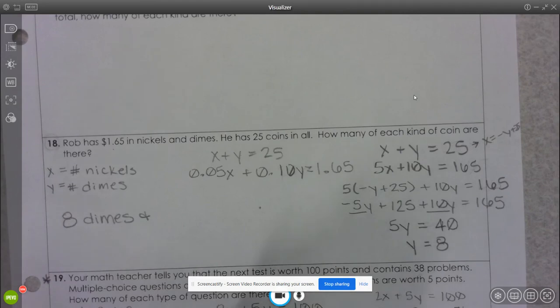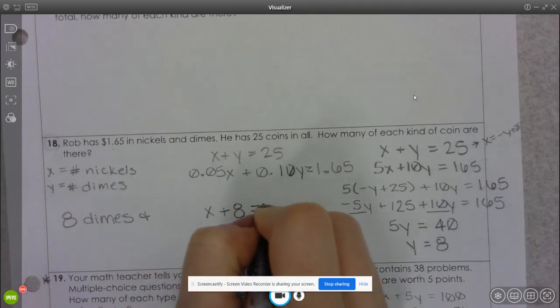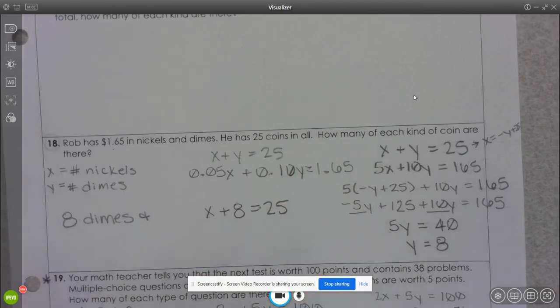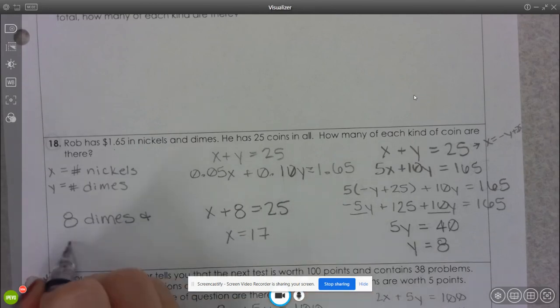Now I just need to figure out how many nickels. And personally, I would use the first equation because it's less work for us to do. So what plus 8 gets me to 25? That would be 17.